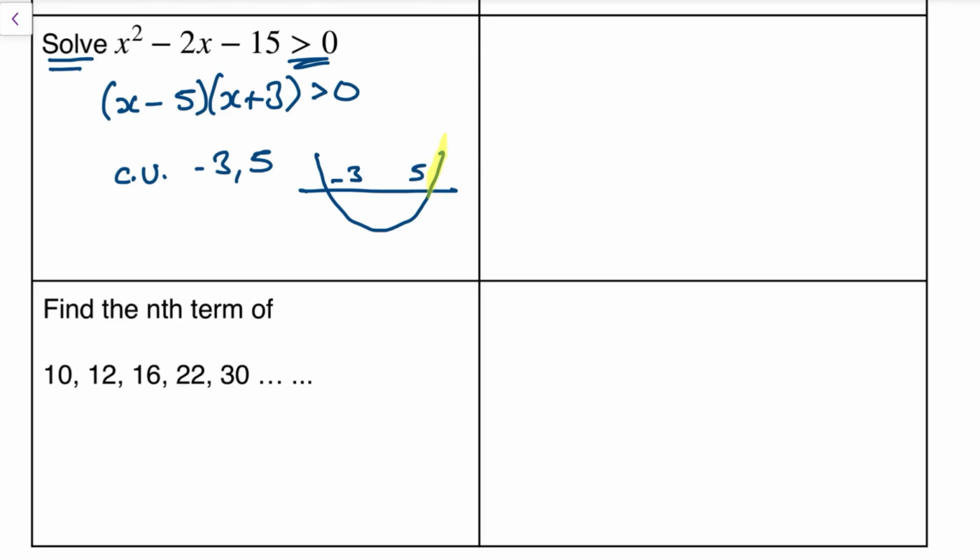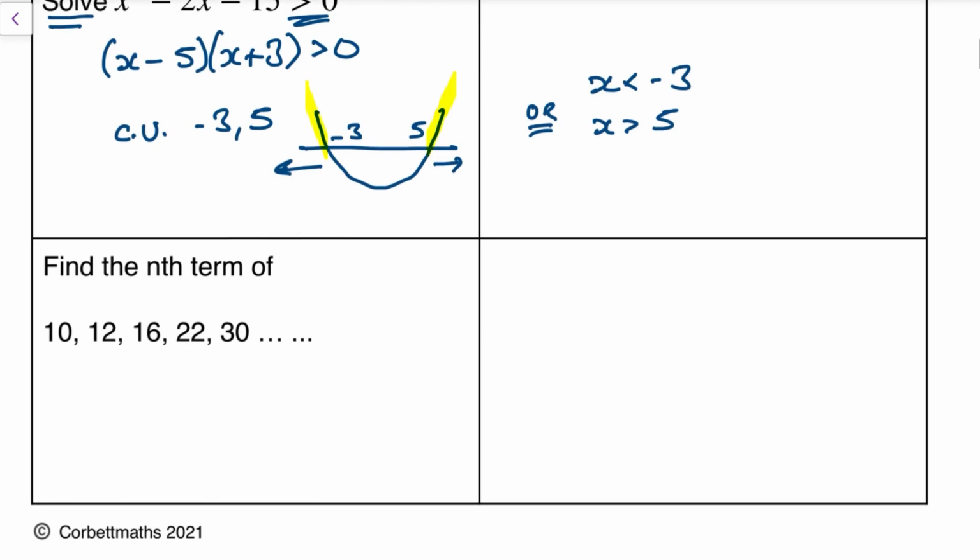So the y values are greater than 0 here, and the y values are greater than 0 here. So the answers to my question are going to be that x is going to be less than minus 3, in other words, all that bit there, or x is going to be greater than 5. And technically that should be an or, because you can't be less than -3 and greater than 5 at the same time. Question done. Final question today.